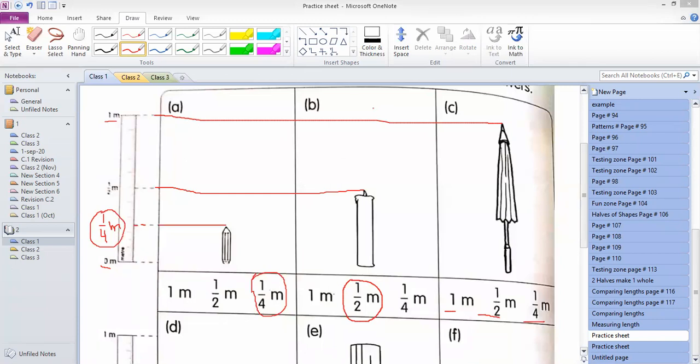And Suleiman Abdullah. What is the length of this umbrella? Can you tell me?